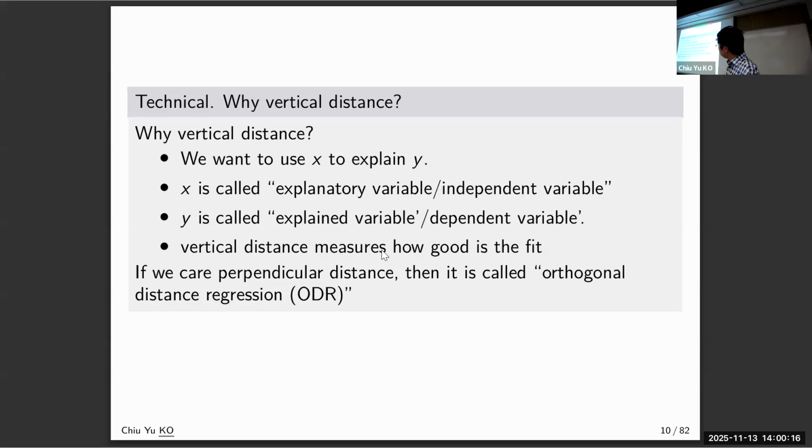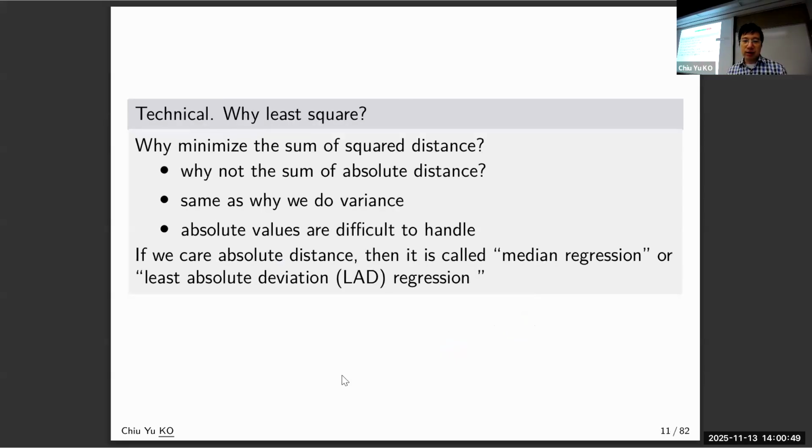Sometimes you don't want to minimize the vertical distance, but the perpendicular distance. That's called orthogonal distance regression. With a point here, you draw a line and minimize this distance. There are some uses of this, but it's not our concern at the moment. And sometimes if you don't want to square, you want to use the absolute value, then it's called median regression, or least absolute deviation regression.